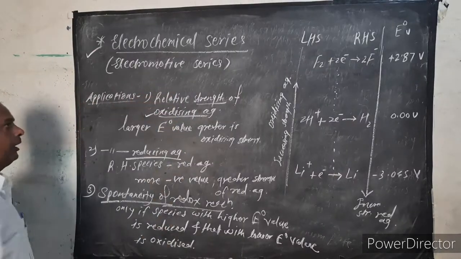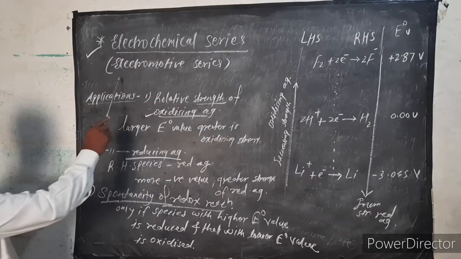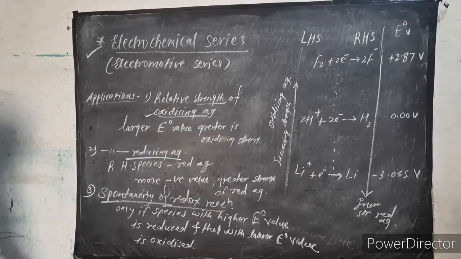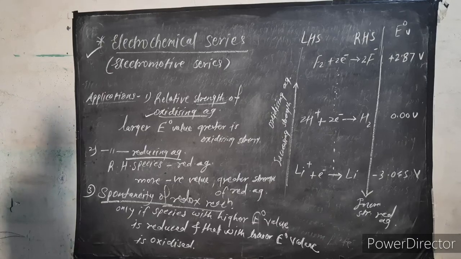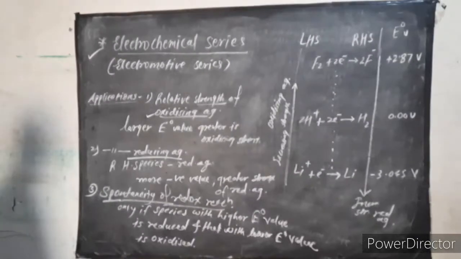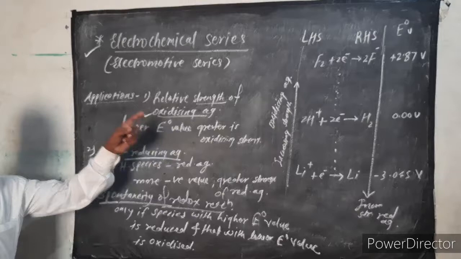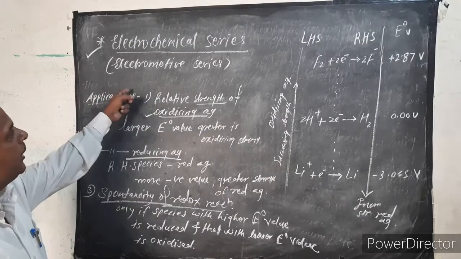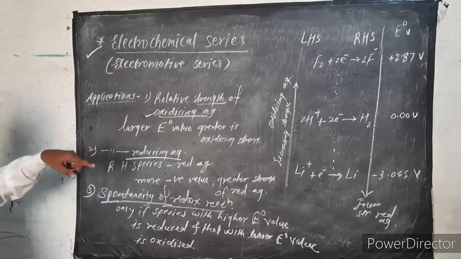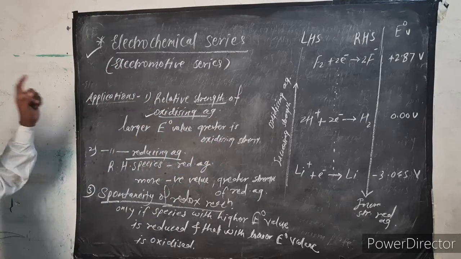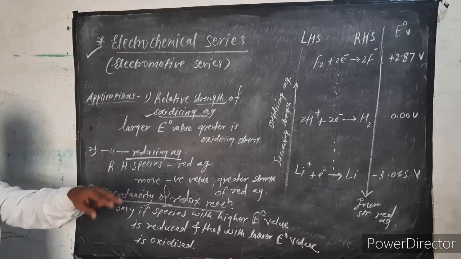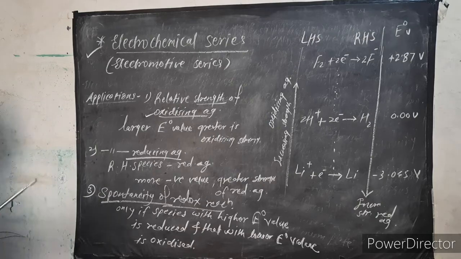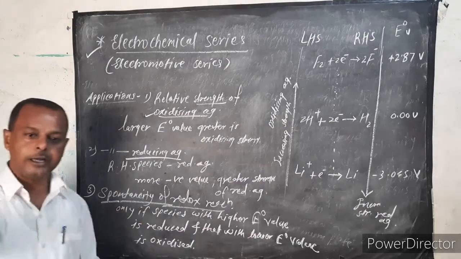Now we are going to study the electrochemical series, also called the electromotive series. This is the last point in this topic. The electrochemical series is defined as the arrangement of electrodes with their half cell reactions according to their decreasing standard electrode potentials.